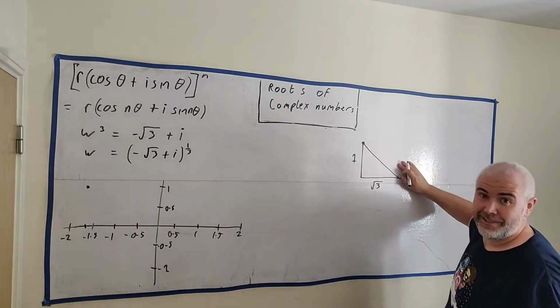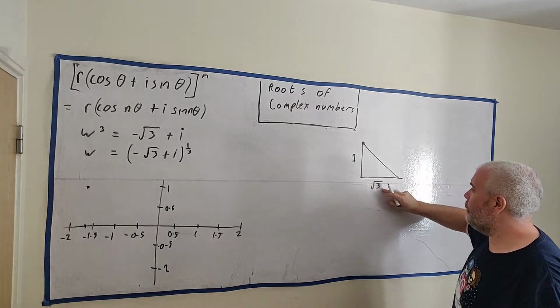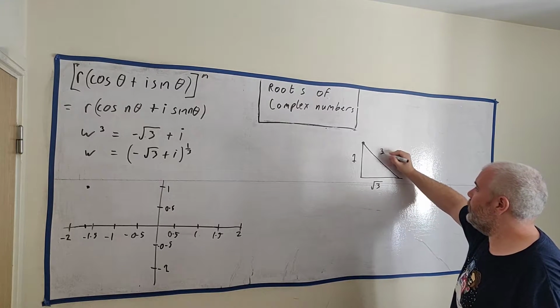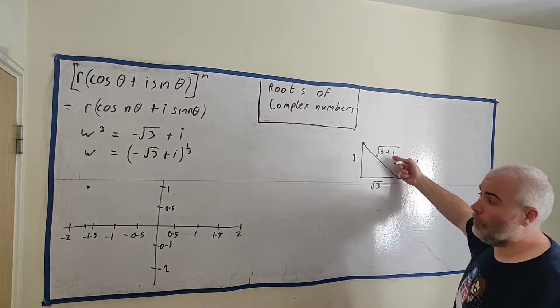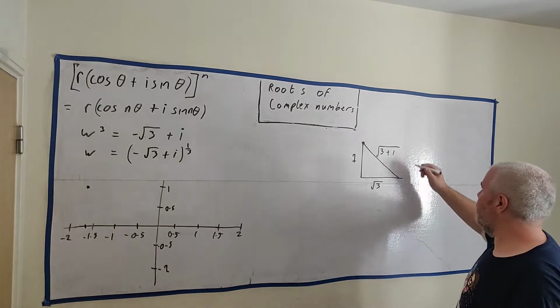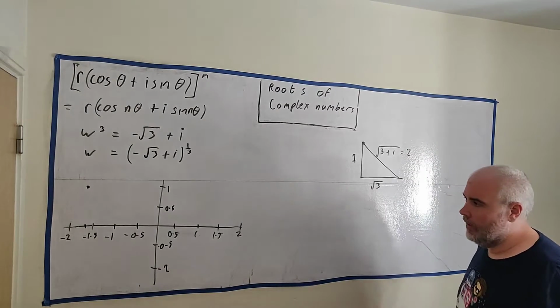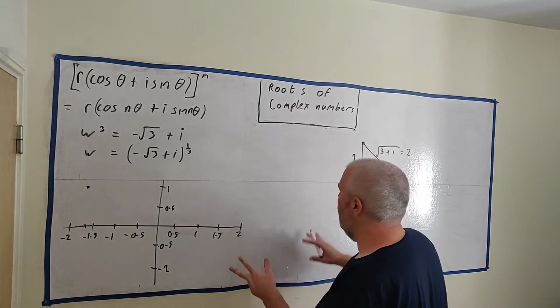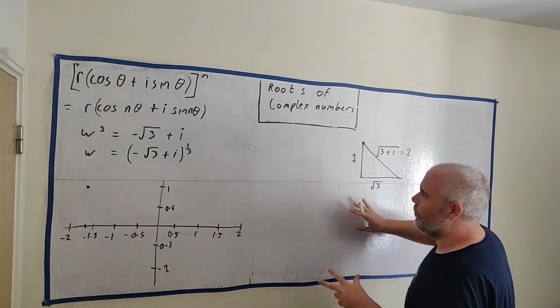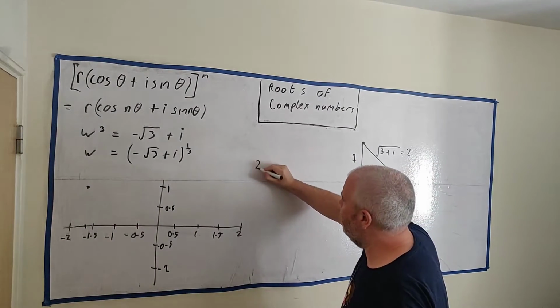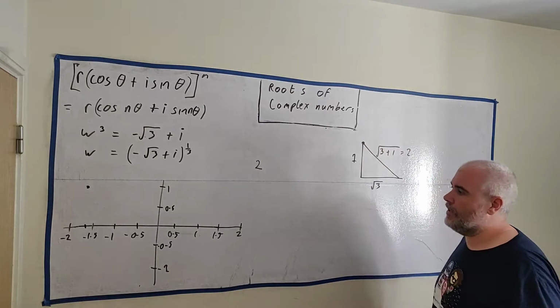So all I need is this number here. Well, square root of 3 squared is 3. 1 squared is 1. Square root of 4, that is, equal to 2. So that's the length. I'll write that here.